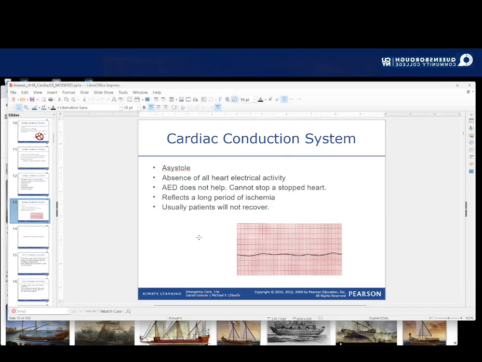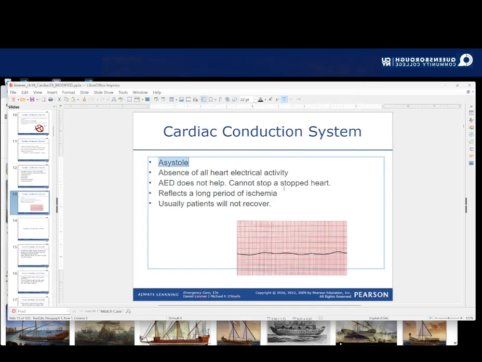There is one kind of rhythm that everybody knows of, and that's flat line. I know this line doesn't look very flat, but they don't have to be perfectly horizontal to be considered flat line. Asystole. Remember systole? Systole is the contraction of the heart. And when pulses are involved, we mean the left ventricle, right? Because that's where we check the carotid pulse.